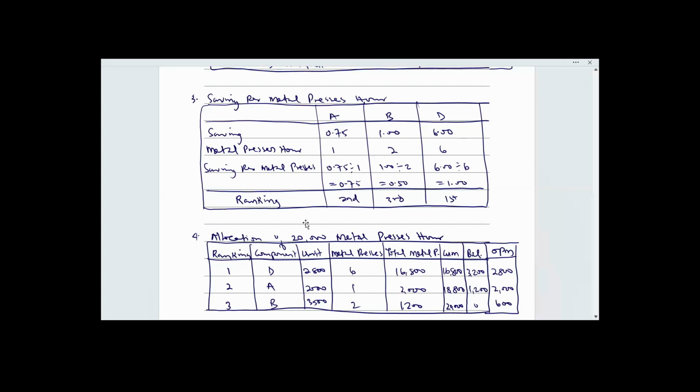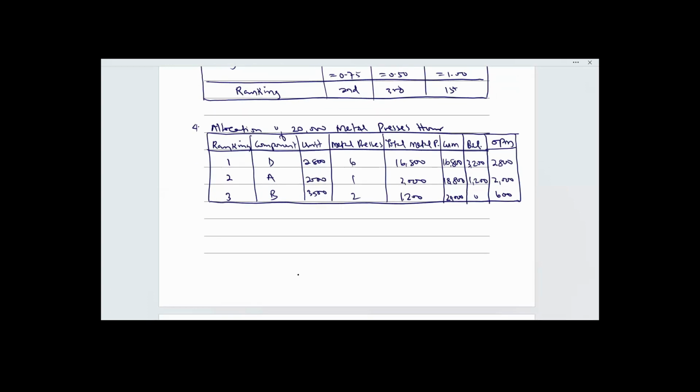I'm done with that. Let's move to the final leg, which is to determine the production plan, and that's what the examiner asks us to do. So step 5, move to the next page.